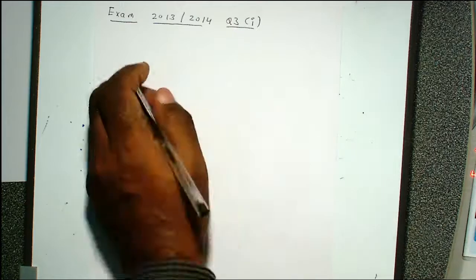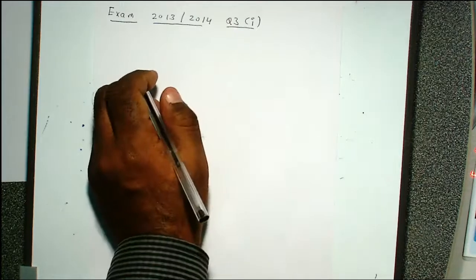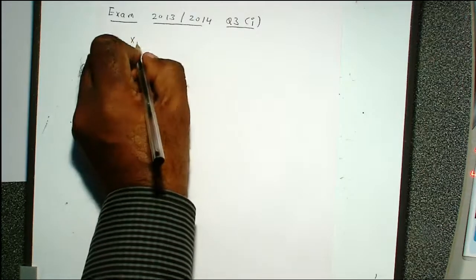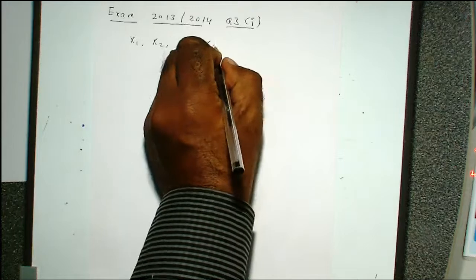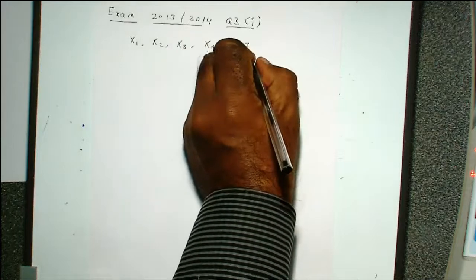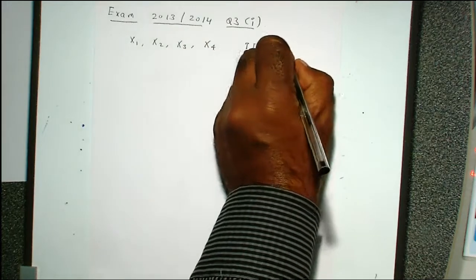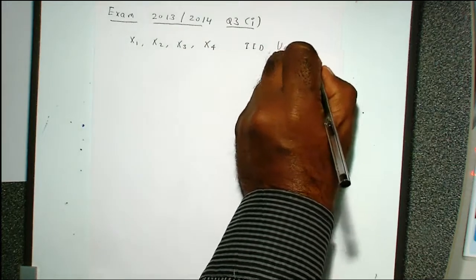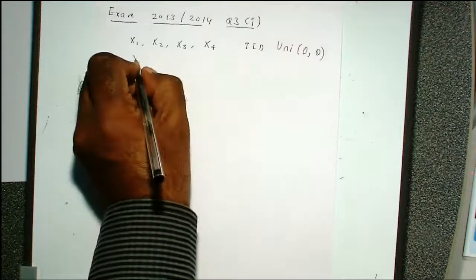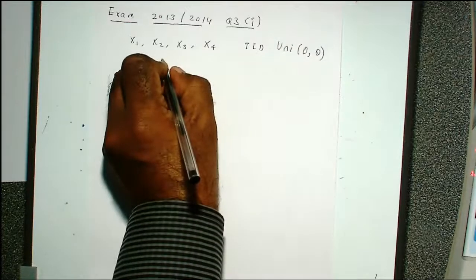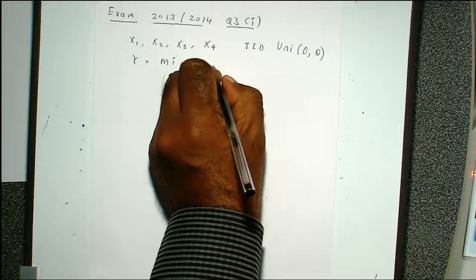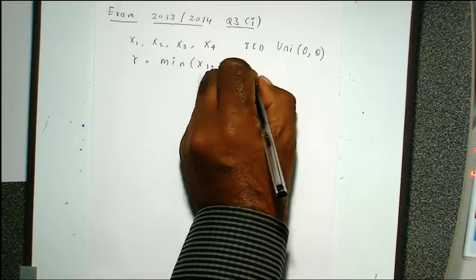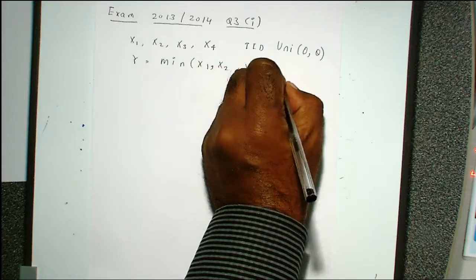Now you're told that you have X1, X2, X3, X4. They're all IID uniform variables on the interval from 0 to theta. And you're told that the only thing that you observe is the minimum of X1, X2, X3, X4.